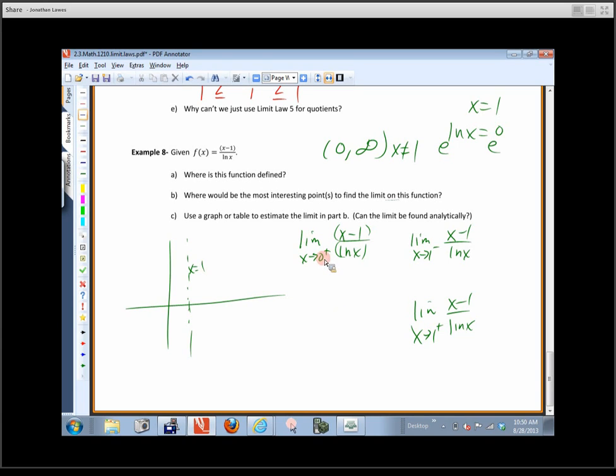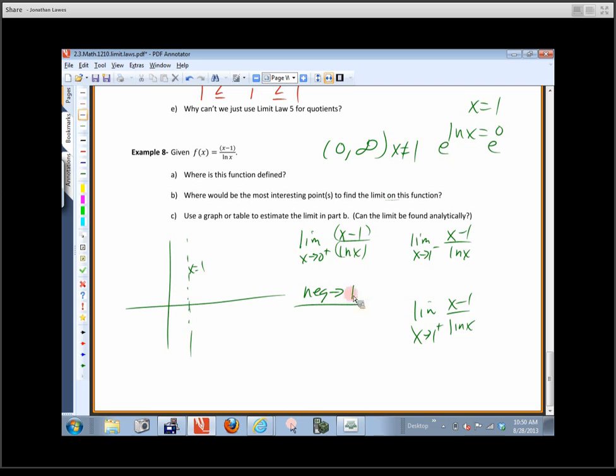If I plug in a number that's really close to 1 from the positive side, in other words, a really small positive number, what's that turning into? First of all, is it positive or negative? Negative. Plug in a number, plug in 0 if you want, it's negative and getting really close to a 1.